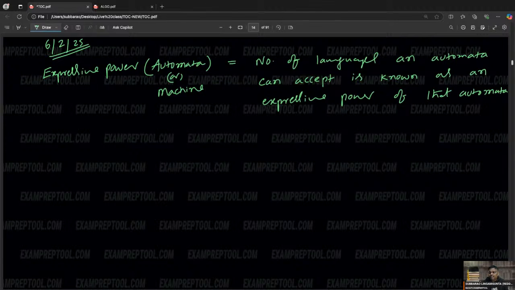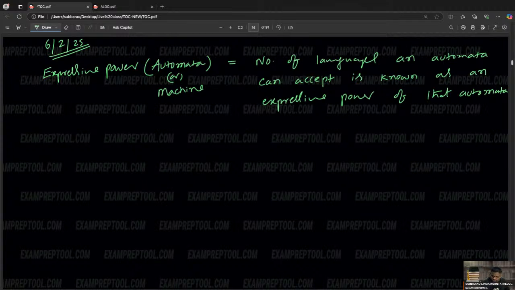As far as my memory is concerned, he has more expressive power. If you know more languages, you have more expressive power. So the number of languages an automata can accept is known as the expressive power of that automata.